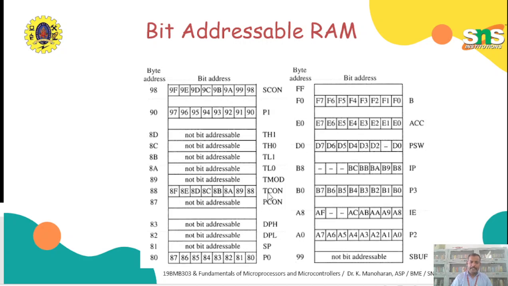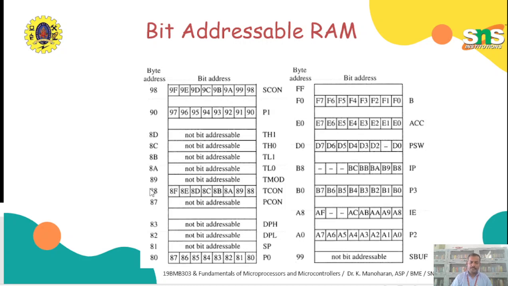Next will be TCON. This is bit addressable. Look at this: 88 to 8F. So the byte address is 88 and the bit address is from 88 to 8F. That means individual bits: TCON.0, TCON.1, 2, 3, 4, 5, 6, 7. So from TCON.0 to TCON.7, 8 bits will be accessed.